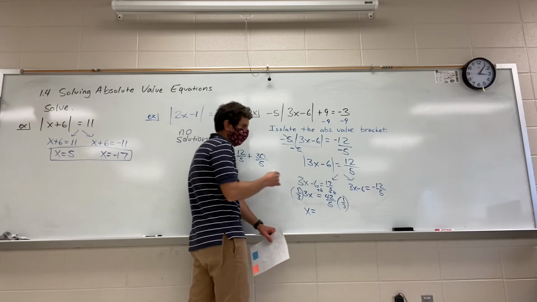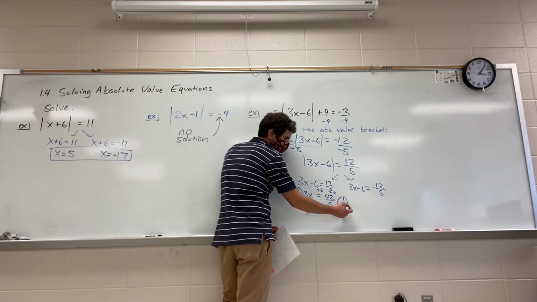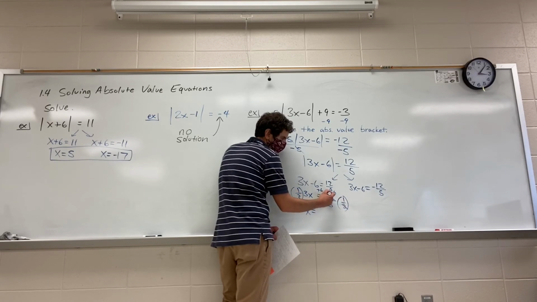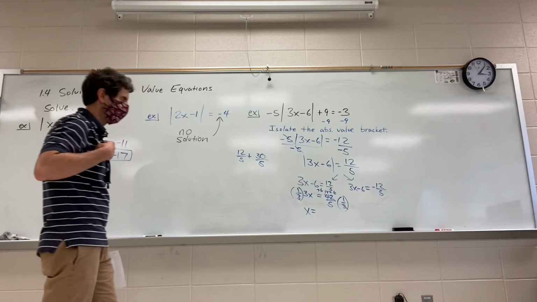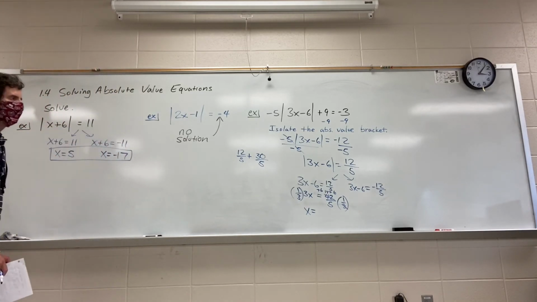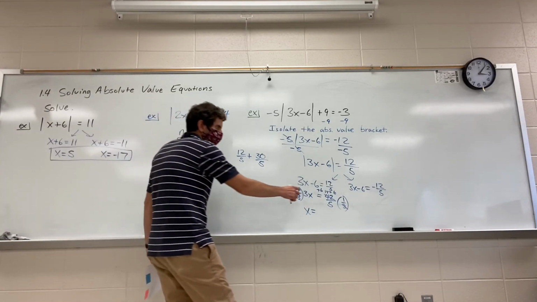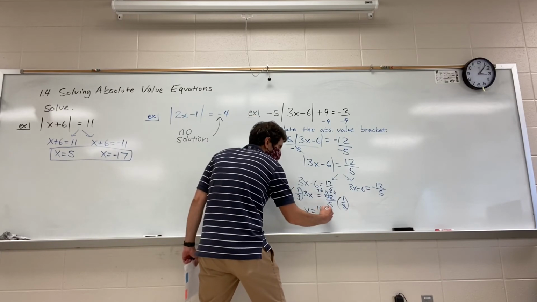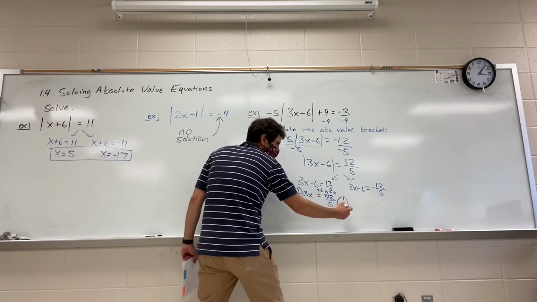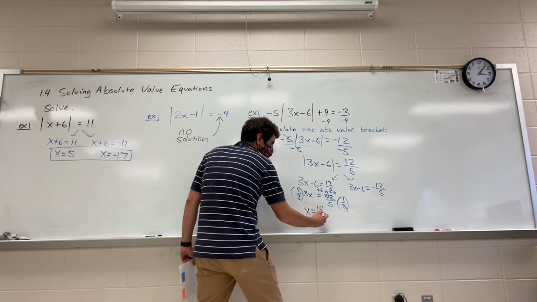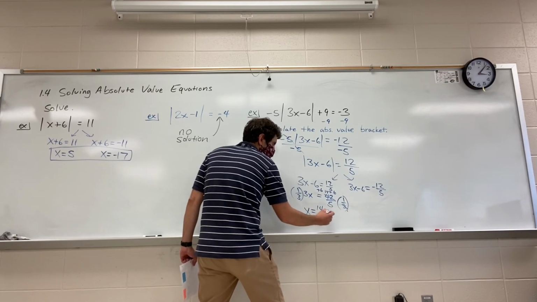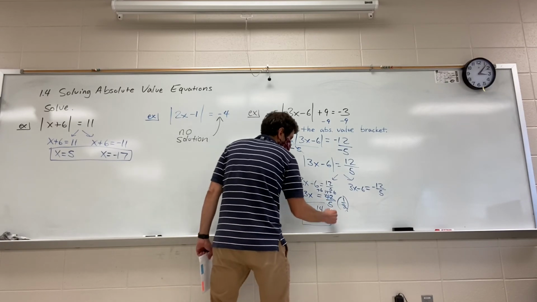And so 3 goes into 42, I think 14 times. I believe that's right. Yeah, that's right. So what we have then is 14 times 1, which is 14, and then 5 times 1, which is 5. We got 14/5. So that's one of our solutions.